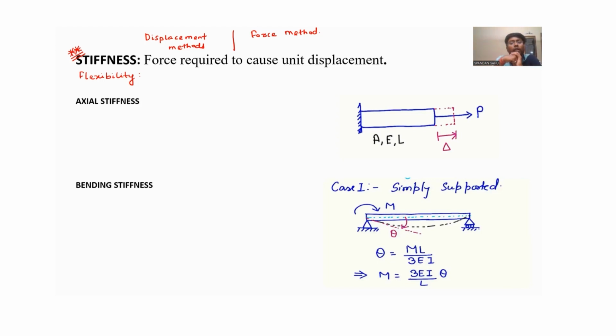Now you try to explain it, how will you describe flexibility? The displacement caused due to unit force. When you apply unit load at a point, what will be the displacement at that point due to that unit load? That is known as flexibility.